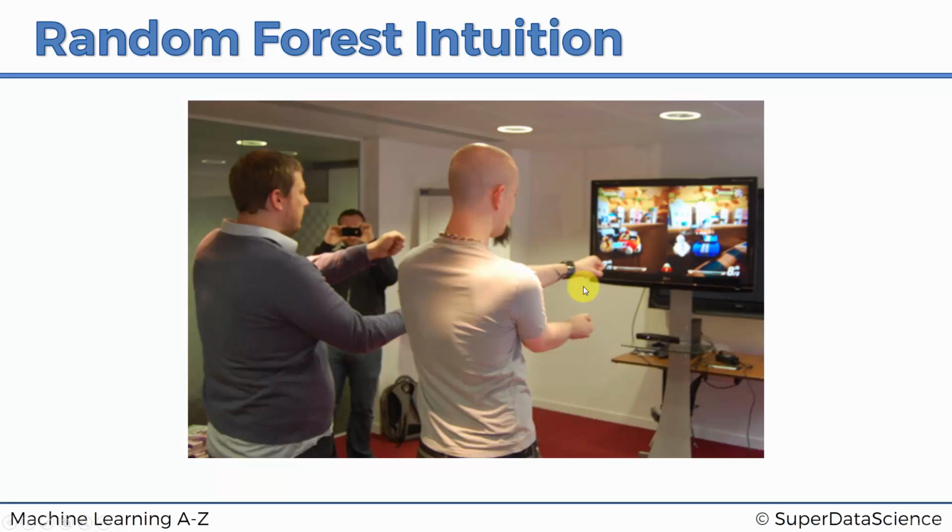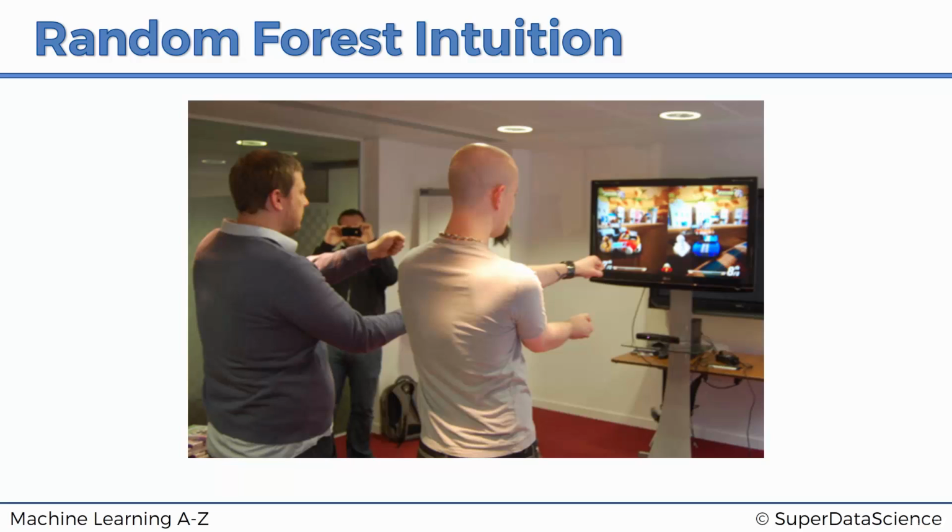And it's using machine learning to understand how the body parts are moving and where exactly they're located in space. So when Microsoft was developing Kinect, they decided to go with the random forest algorithm over all of the other machine learning algorithms that were available to them, and use the random forest to develop this sophisticated piece of hardware and software.